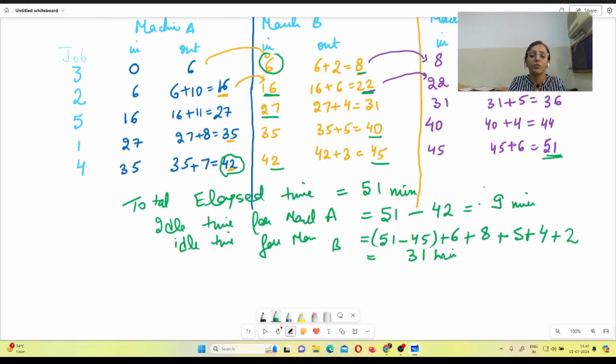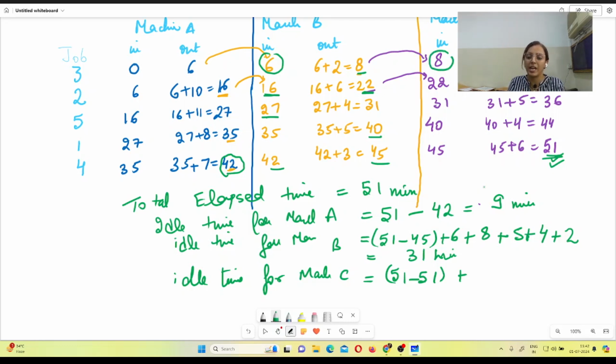Now coming further, we are finding the idle time for machine C. Machine C has completed its work in 51 minutes. That means we do 51 minus 51, that is common, so it cancels. But starting from the initial state, machine C has to wait for 8, so adding this 8, plus now check each and every element.